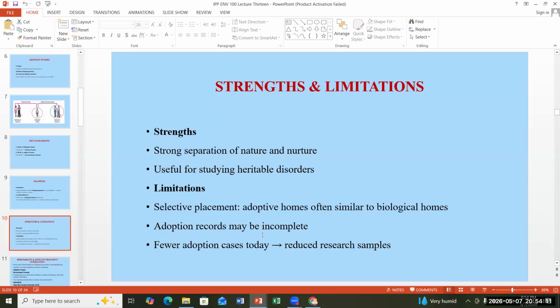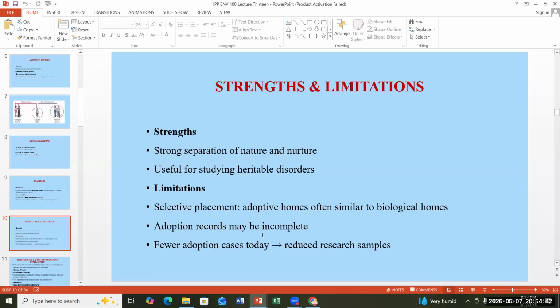It is useful for studying heritable disorders. For example, if the child was adopted from biological parents and now the child is showing antisocial behavior, although the adoptive parents are giving a good social environment, by this type of study we can identify what traits and diseases are heritable.